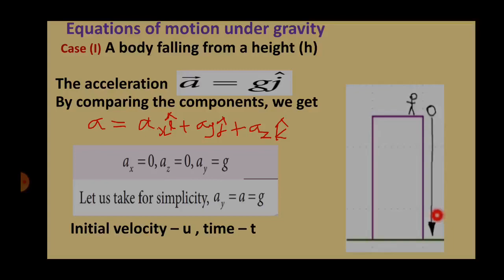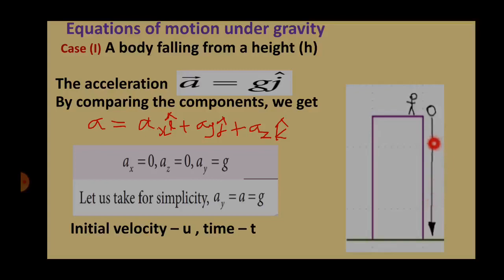Near the surface of the earth, the acceleration due to gravity g is constant. All straight line motion under this acceleration can be understood using kinematic equations.